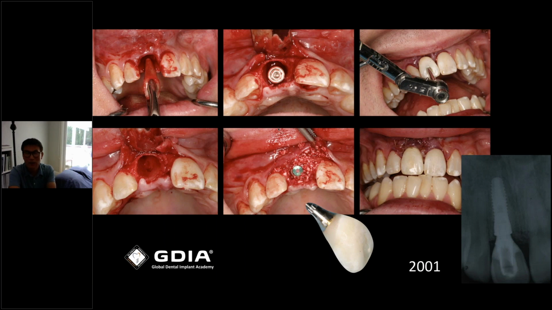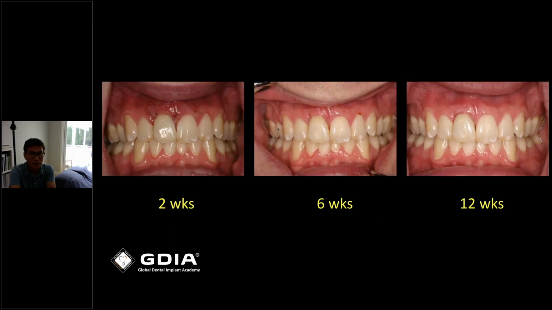That way it filled in everything. At that time I wasn't using what you guys know now, PRF, CTG, punch technique. I didn't do those things, but still properly managed it with the typical cortical particulate bone graft, and I used a membrane in this case.